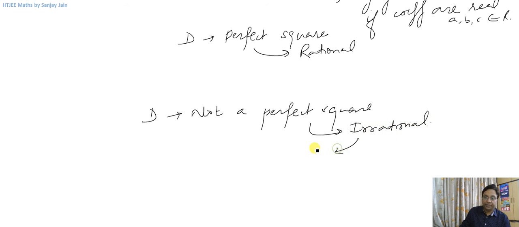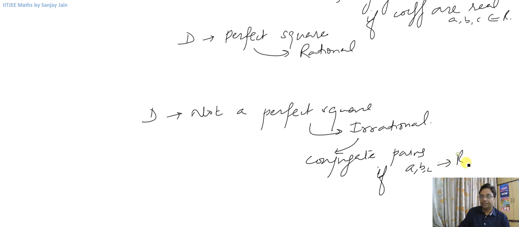And these will occur in conjugate pairs if a, b, c are rational, right?